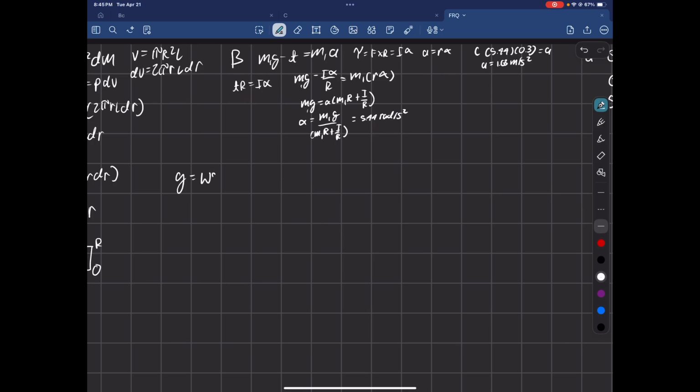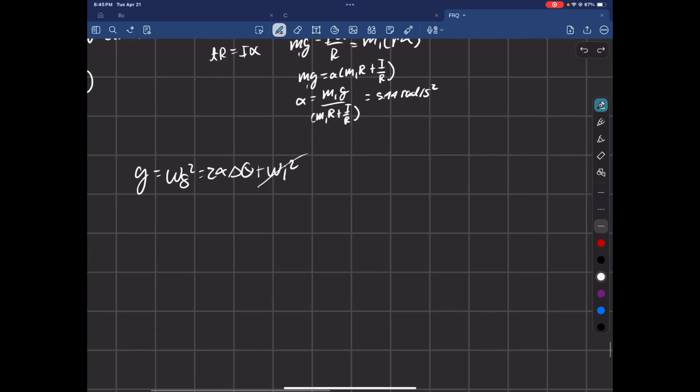So omega F squared, since it starts at rest, this would just be 0. And we're given every value here. So we just plug that in to find that omega F is equal to 50.8 rad per second.